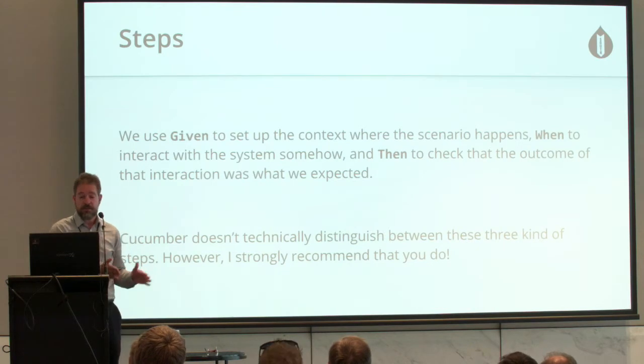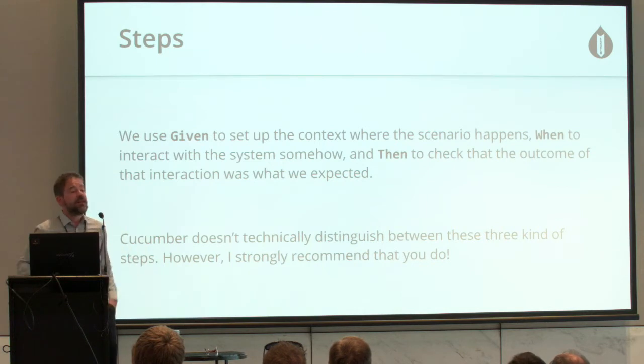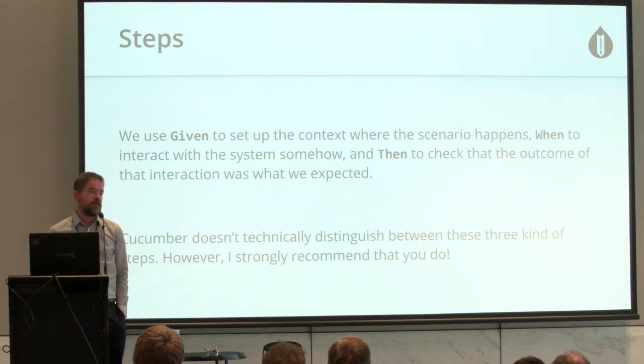To set up the system in a particular state, you use the given keyword. And then when to interact: when I click, or when I press, or when I fill in. Then I should see, or then this field should have that value. For the Gherkin language, it doesn't really matter if you use given, when, or then. It will execute it anyway, but it just makes it much more readable. So really use these three kinds of steps.